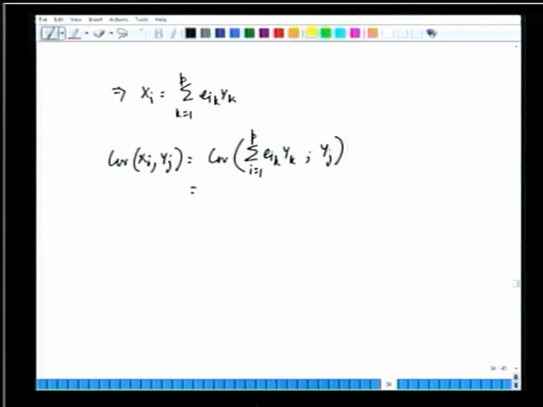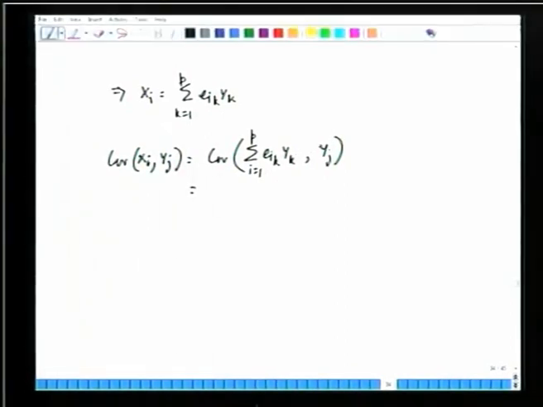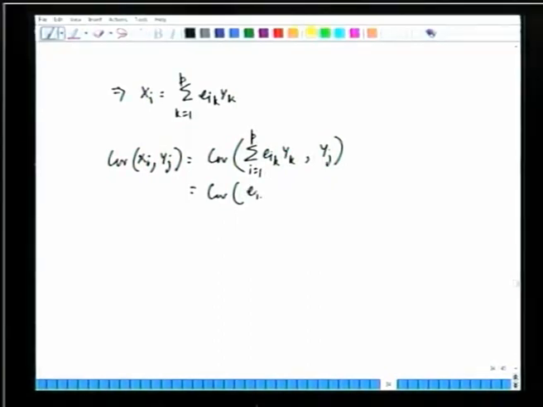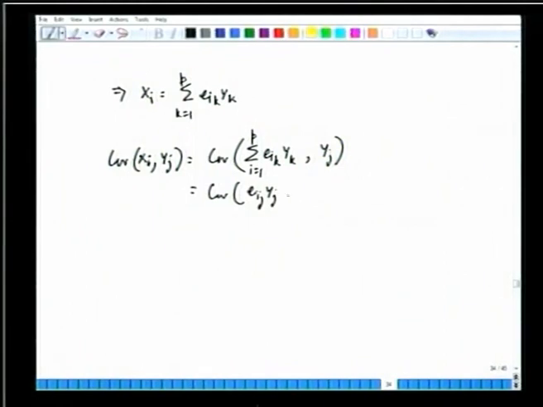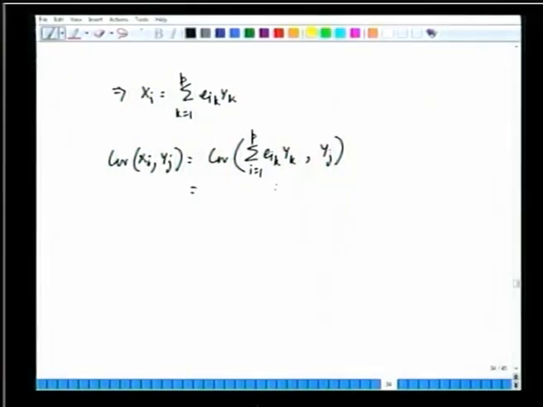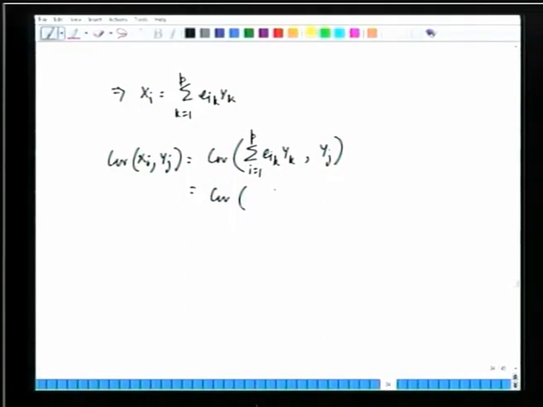Others are all equal to 0 because I am considering covariance between yk and yj, and k is not equal to j. So this is basically the covariance between Eij yj and yj, and that is the only part that is going to remain.